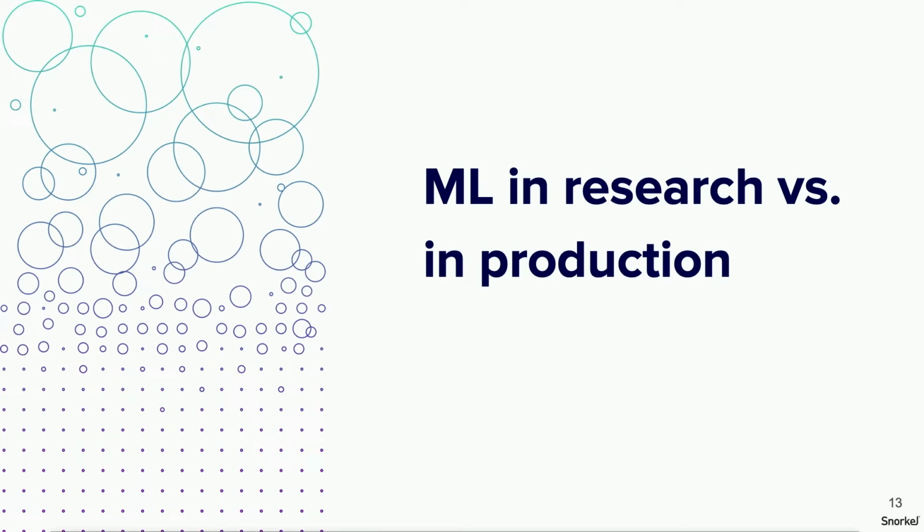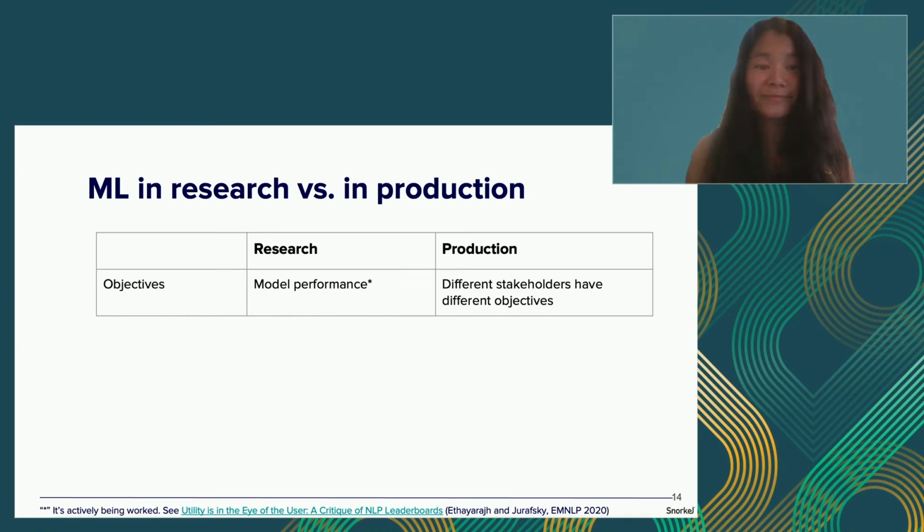The next stage, we're going to talk about machine learning research versus machine learning in production and how they're different. The first one is objective. If you want to build any machine learning project, you probably have an objective in mind. The difference is that in research, people usually care about a single objective, which is often model performance. People try to build models that achieve the highest accuracy, the highest F1, the highest BLEU score.